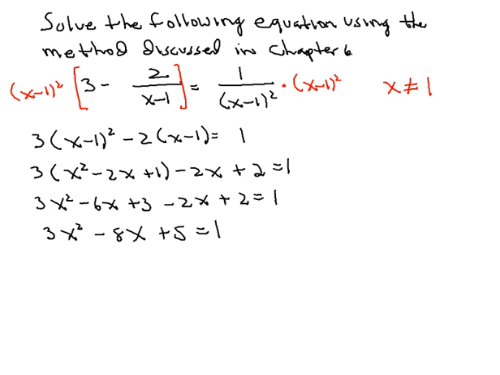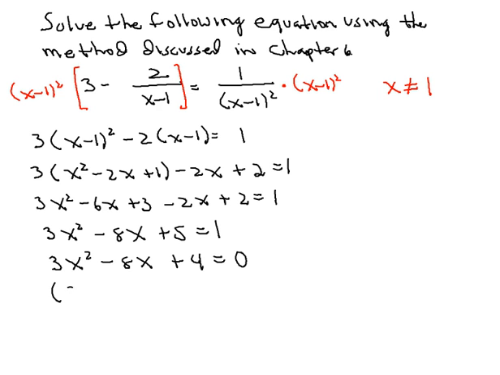So since we have a quadratic equation, we need to put it in standard form, which means we'll make one side 0. So 3x squared minus 8x, and subtracting 1 from both sides, we'll have plus 4 is equal to 0. Now, to solve the equation, it's always a good idea to see if we can factor the equation first.